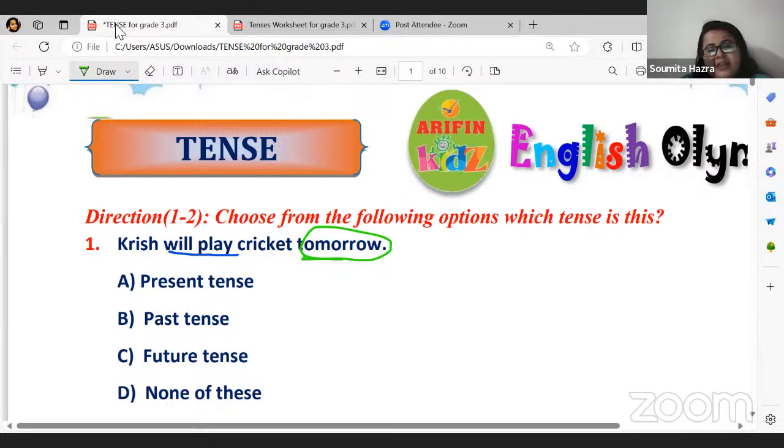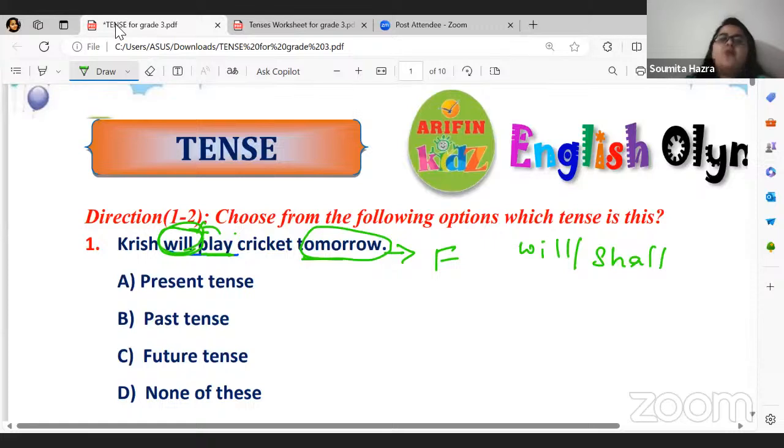Tomorrow is an indication that the tense is future tense, and also this will that is used before the verb. Which one is the verb? Play is the verb. Will is used before the verb, right? So you use will or shall before a verb when you are trying to use the action in future tense.